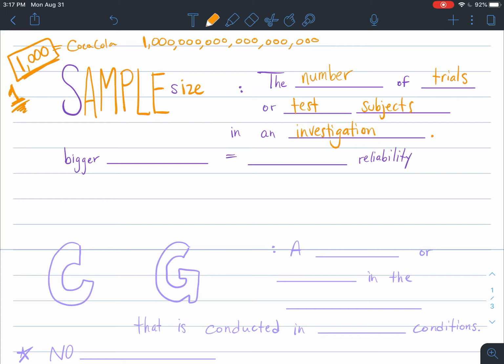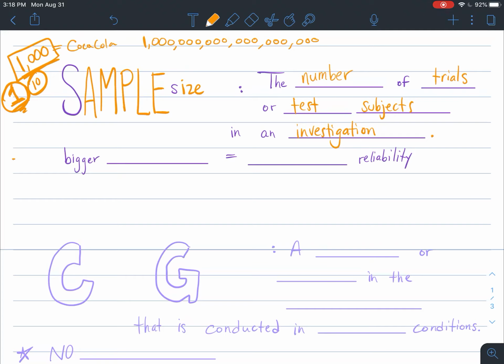When I only ask one person, I don't have very reliable results. Even if I asked 10 people, my results might not be very good. If there's tons of teenagers in the United States, asking 10 is not enough. So sample size is just the number of trials or the number of test subjects that you use to get your information in an investigation.